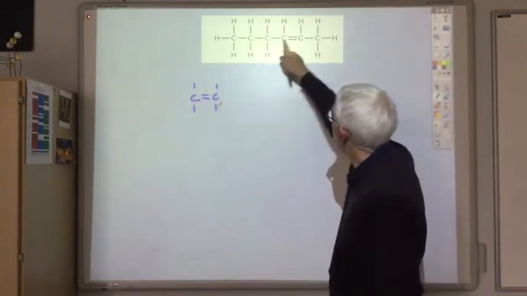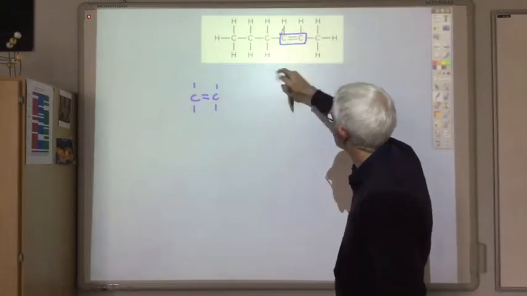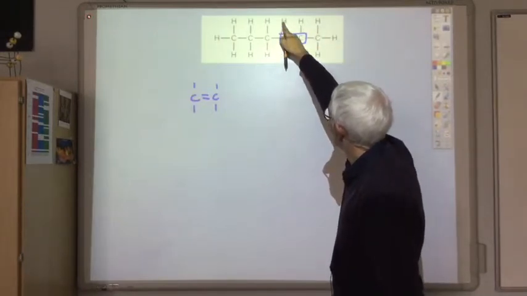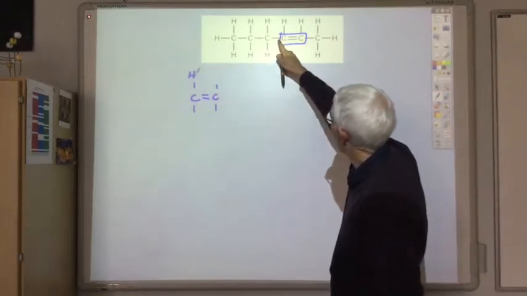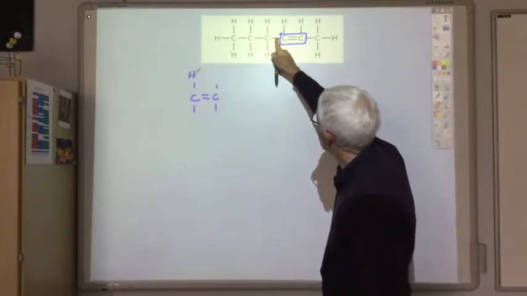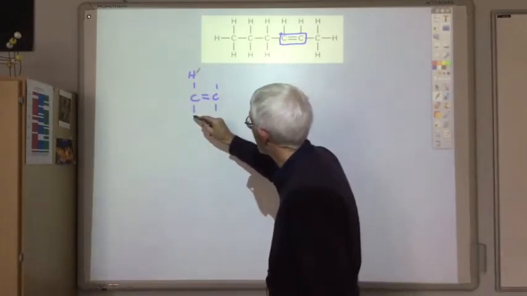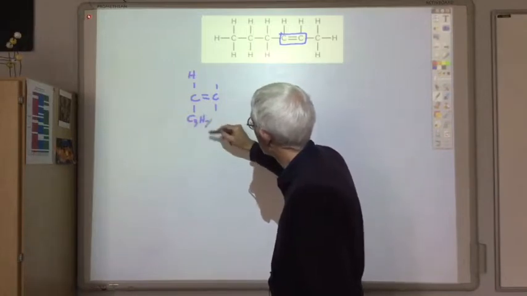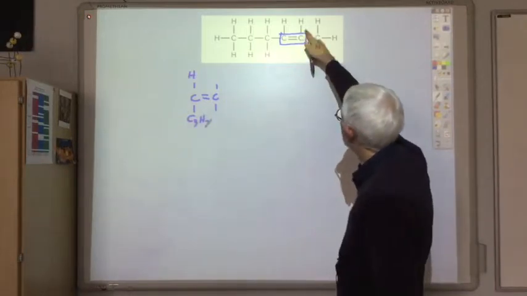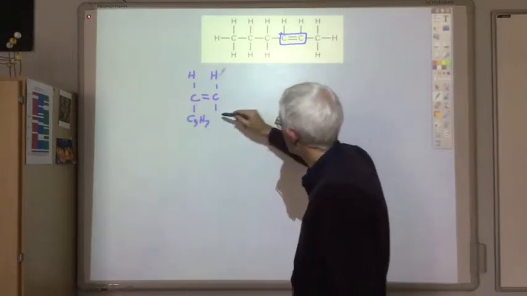The left hand carbon has a hydrogen, and the other thing hanging off it is this group with 3 carbons and 7 hydrogens, so I'm just going to draw it as C3H7. And the right hand carbon has an H and a CH3.